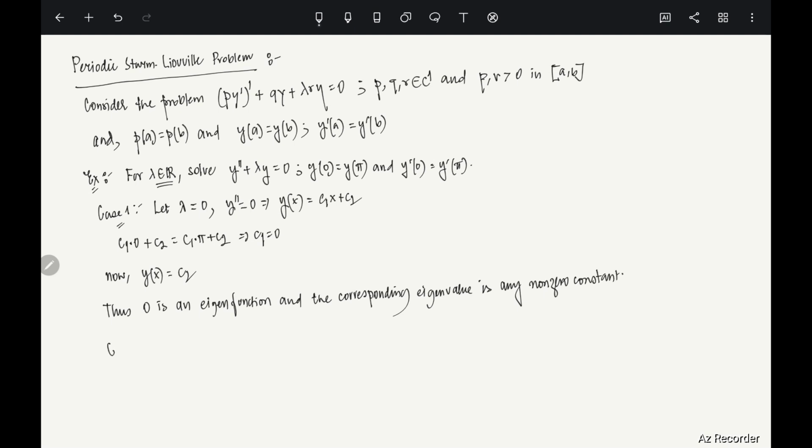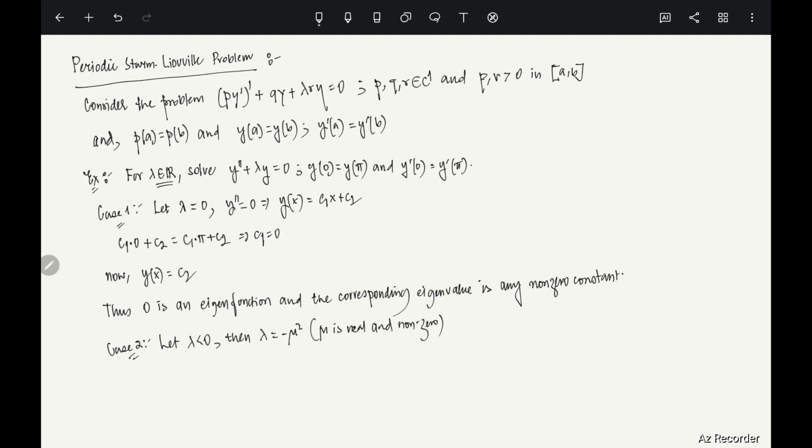Okay. Let's look at case 2. What is case 2? Case 2 is let lambda be negative. Yes. So if lambda is negative, then lambda equals minus mu square, we can write it, right? And mu is real and non-zero. Is it okay?